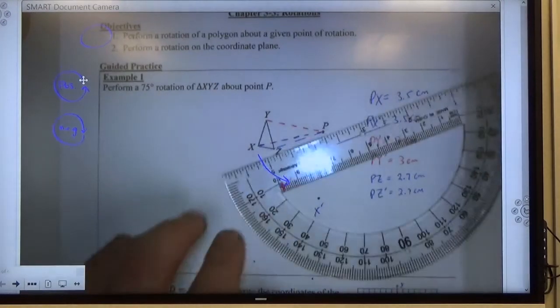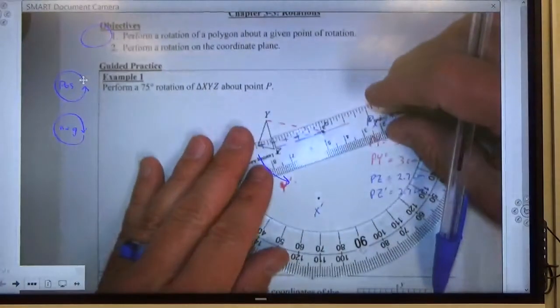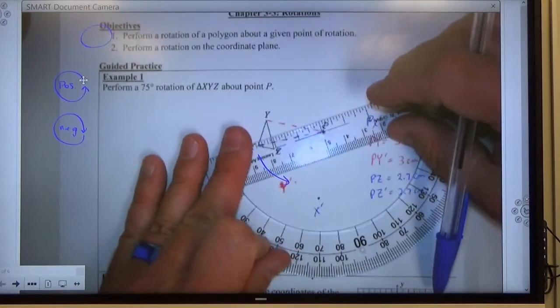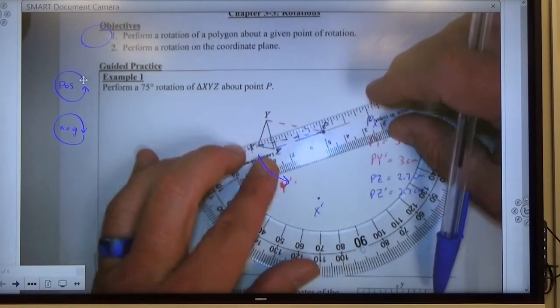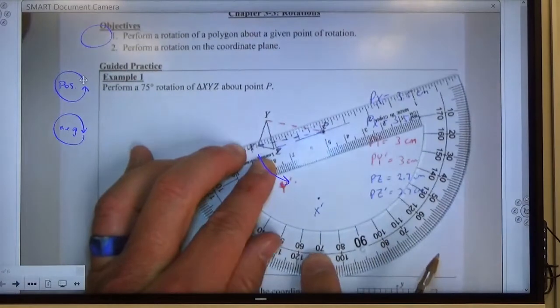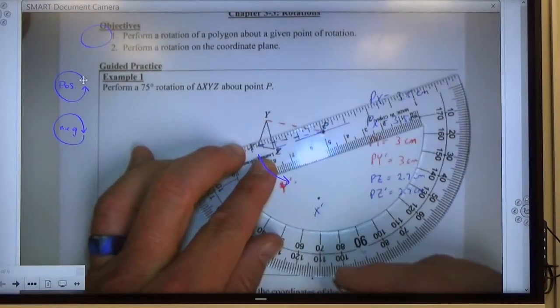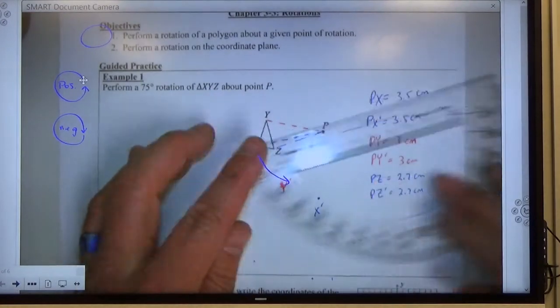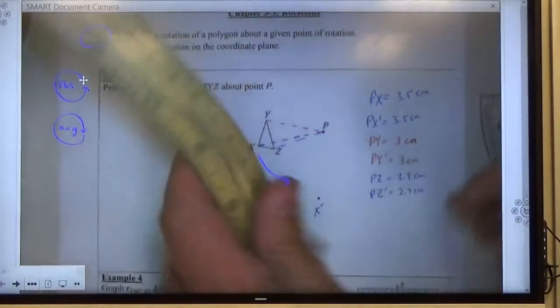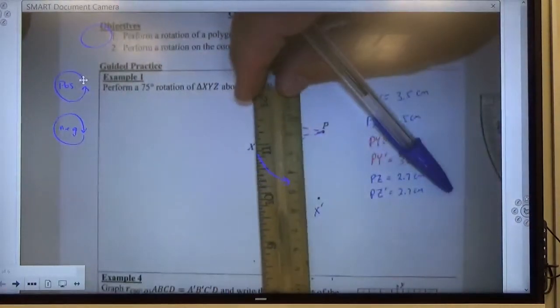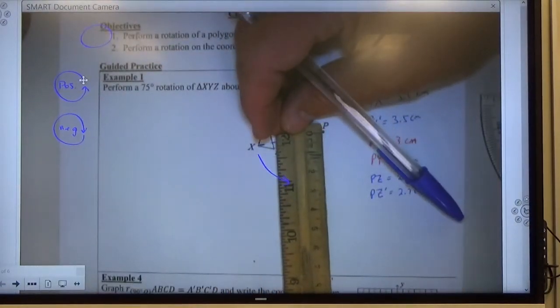I'm going to place my protractor on P, line it up with the blue dashed line I just made, and I'm going to mark a 75-degree angle again, all the way to 70. There's 80, 75 is in between, so right about here is where 75 is. I take my straight edge ruler, and I want to measure exactly 2.7 centimeters from P towards this point here that marks 75 degrees.